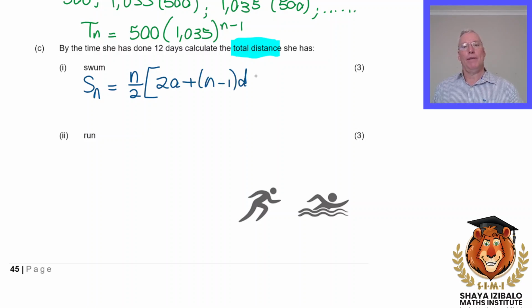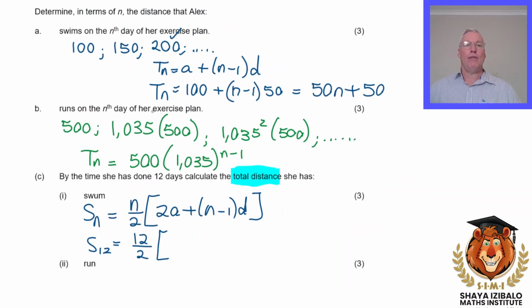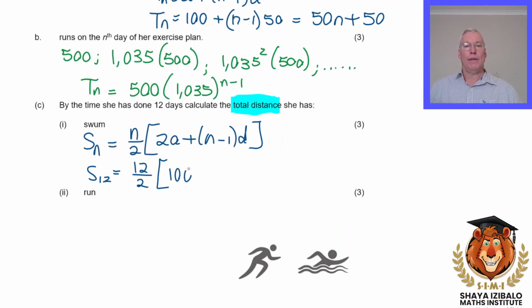That's our formula. And after 12 days, the total distance that she would have swum will be 12 over 2, 2 lots of a. You might remember that she swam 100 meters on the first day, plus 11 lots of d. And d, remember, was 50 meters. Okay, now 11 times 50 is 550, 650 times by 6.